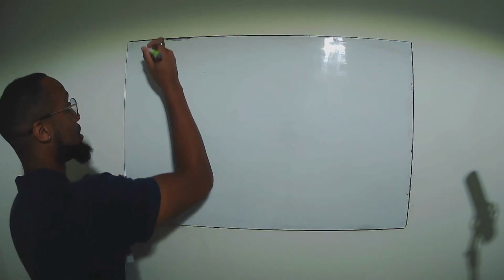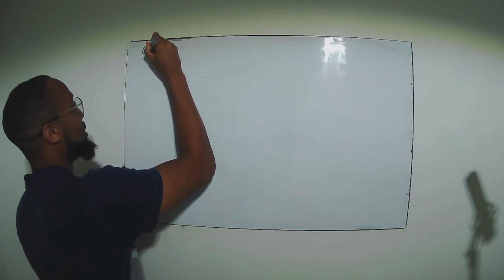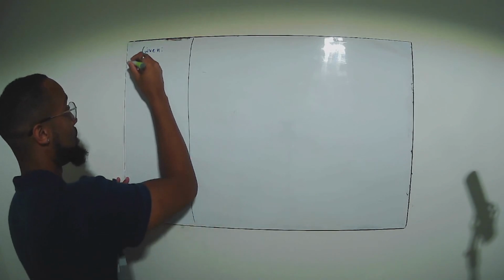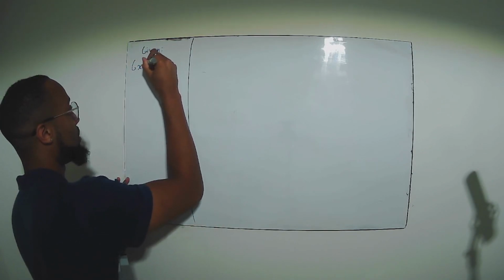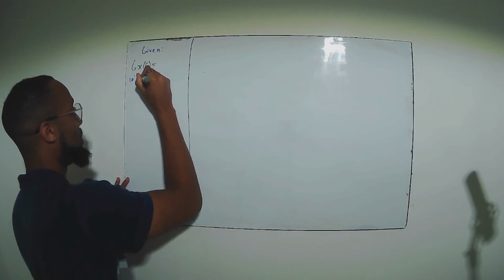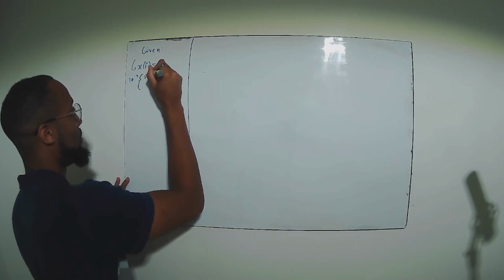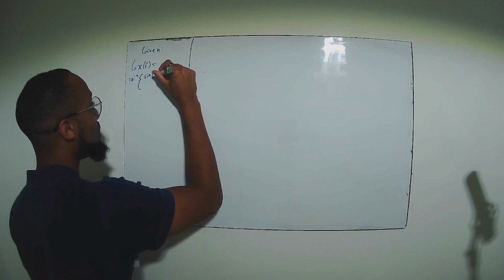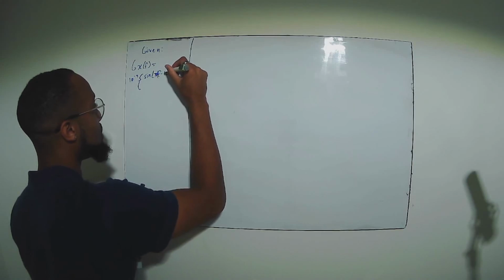Alrighty, so we have a function. It's a sinc function, called g. Given: Gx of f is equal to 10 to the minus 4 times sinc of, let's see here, pi times f minus 10 to the 6.